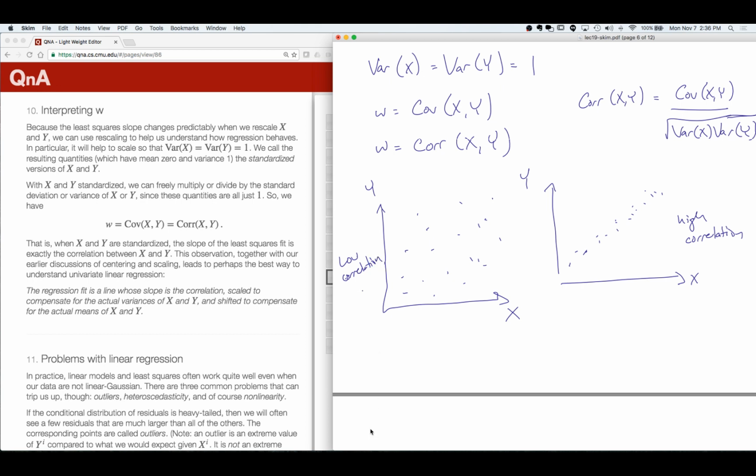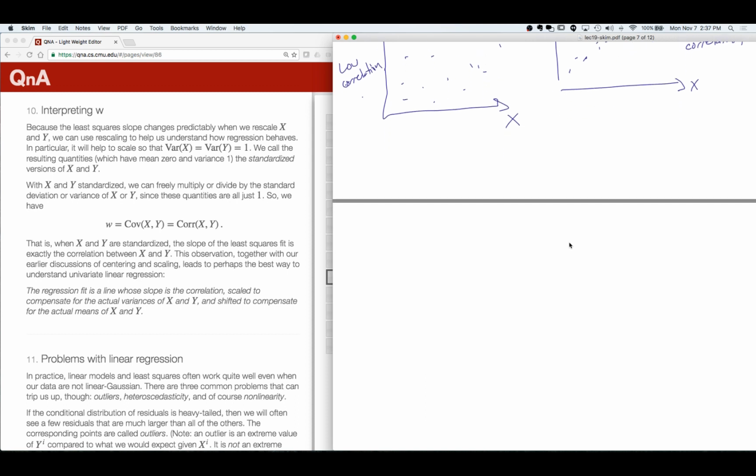All right. And the sign of the correlation tells you whether the line has positive or negative slope. So these are both positive correlation. We can draw, for example, this would be very negative correlation.